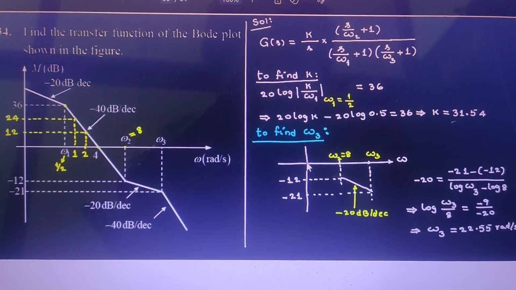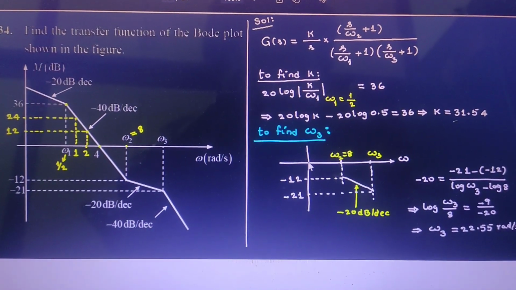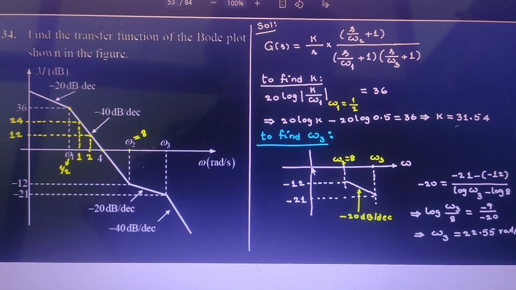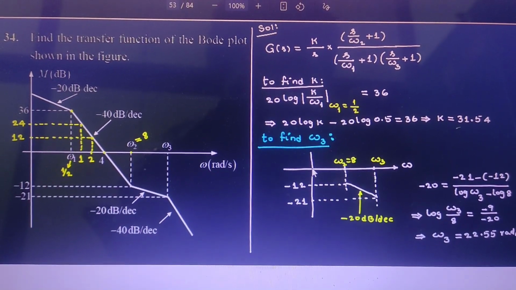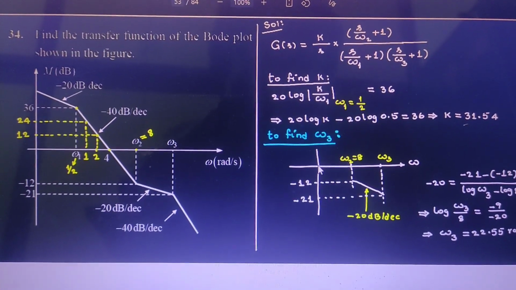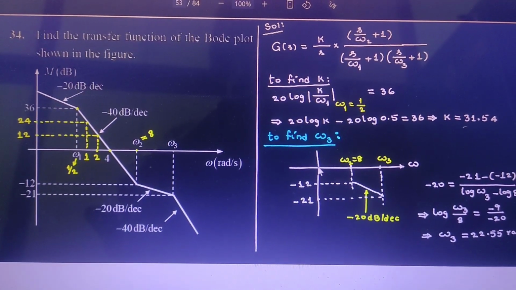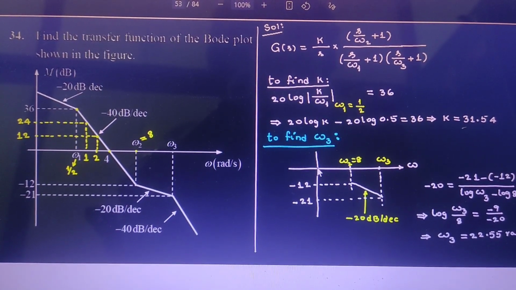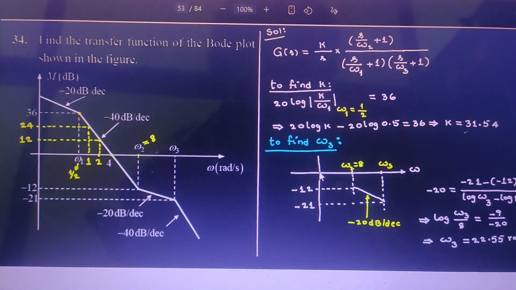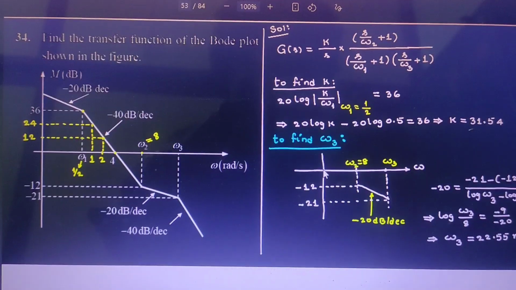Here we do not know the values of omega 1, omega 2, omega 3. So initially we can take the reference value as half. Now there is minus 20 dB per decade, which means the magnitude gets subtracted by 6 dB.